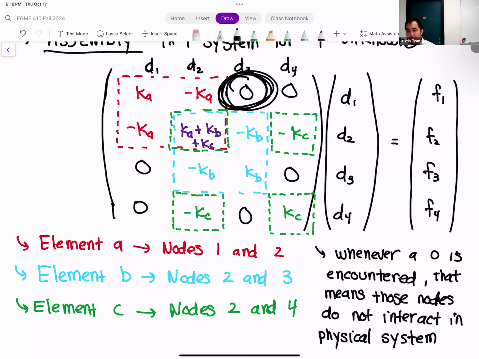So that means there's no element connecting those nodes, and there's no way for them to communicate.